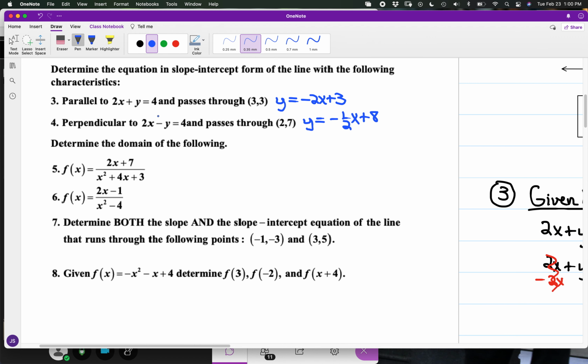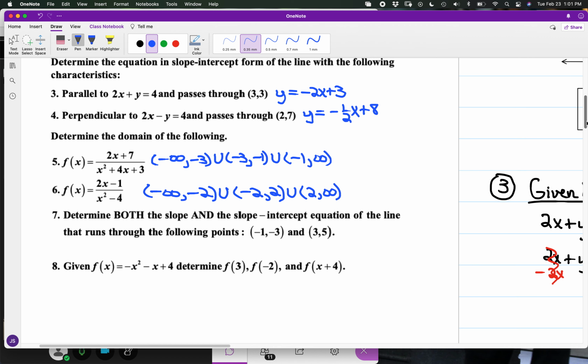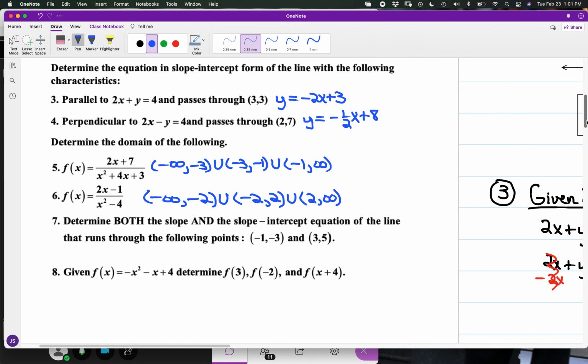For number 7, we've got our ordered pairs at (-1, -3) as well as (3, 5).